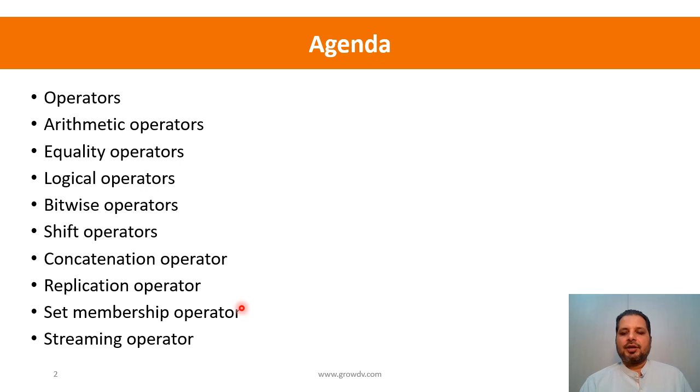The set membership operator, we will spend some time here as to what it means, and then the streaming operator. So the last four we will spend some time on. For the rest of them, I think most of you are aware. I'm going to emphasize a few key points that could be potentially useful, but other than that, it's just regular things that you are mostly familiar with.